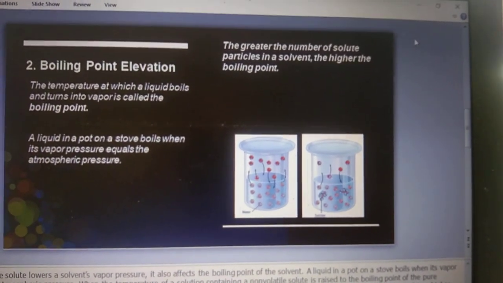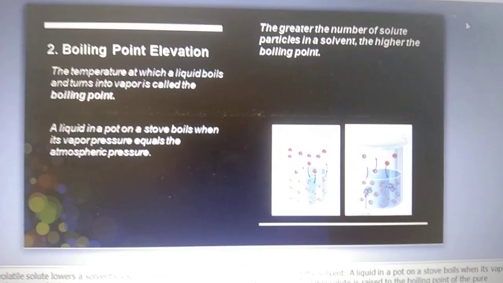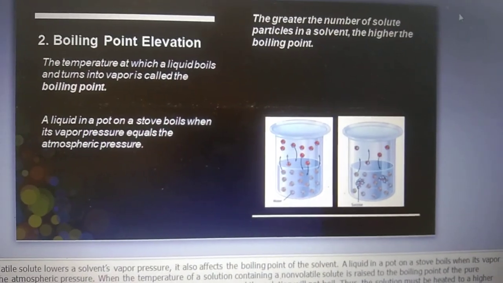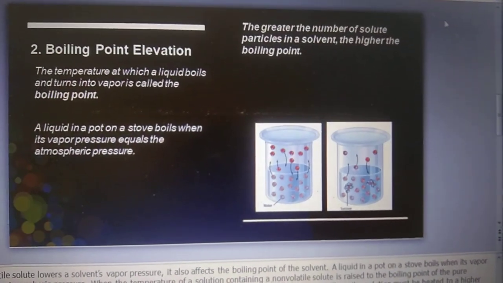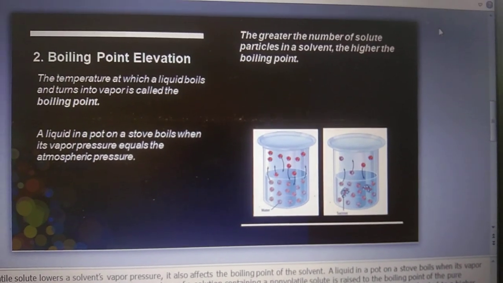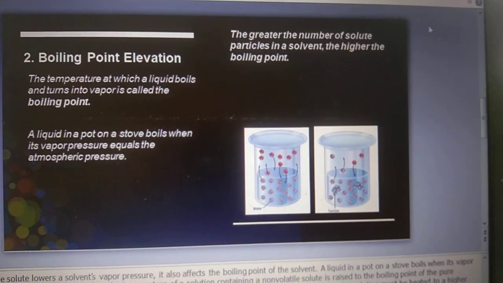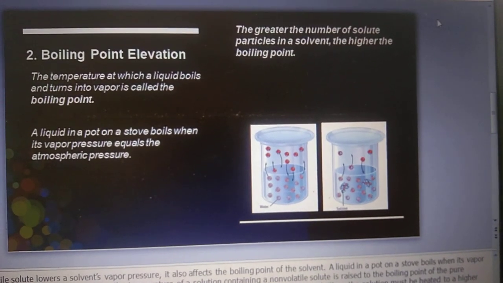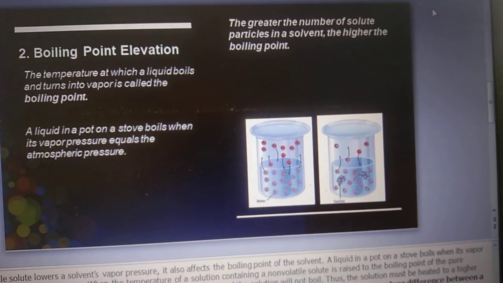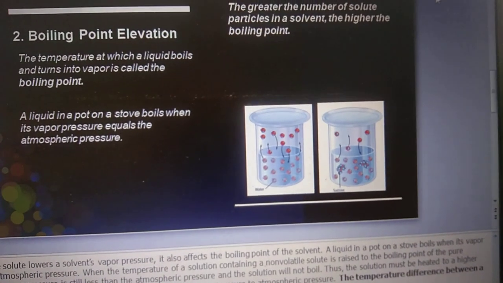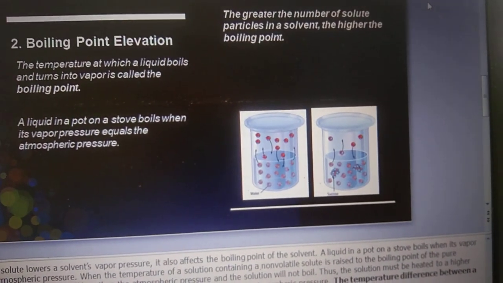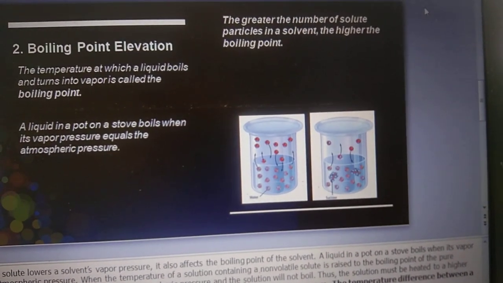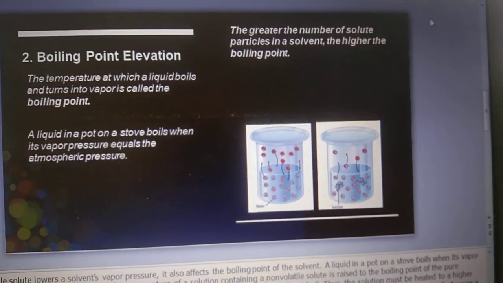The temperature at which a liquid boils and turns into vapor is called the boiling point. Specifically, in our example, water turns into water vapor. When that point is reached, that's already the boiling point. A liquid in a pot on a stove boils when its vapor pressure equals the atmospheric pressure.